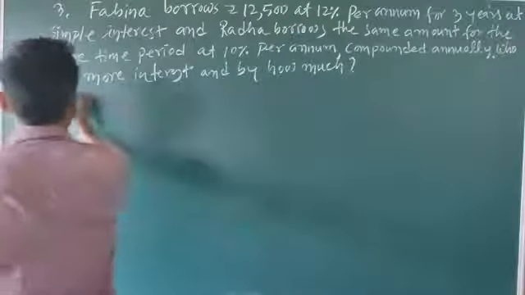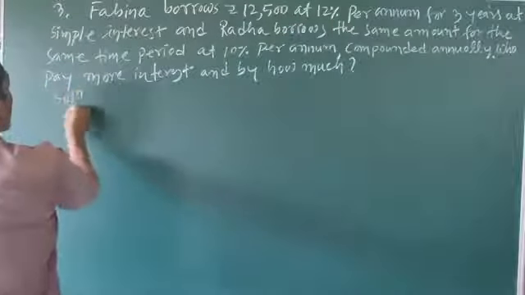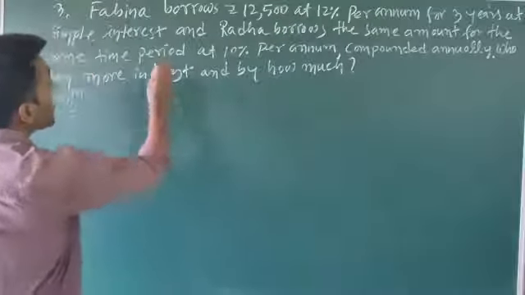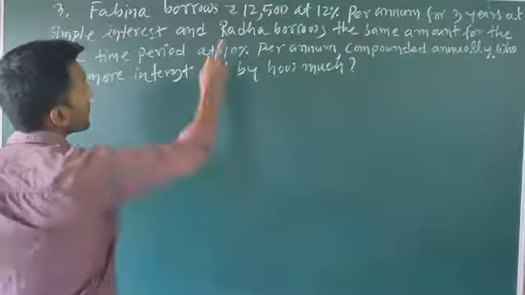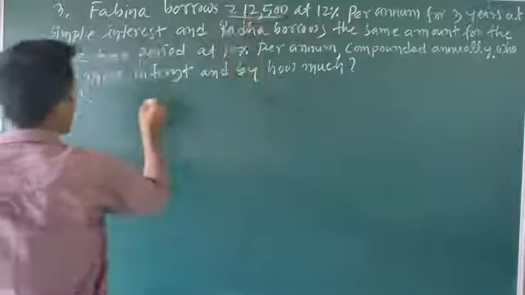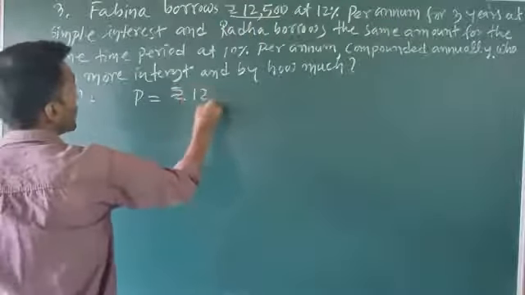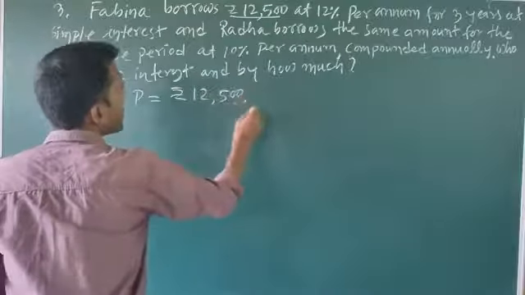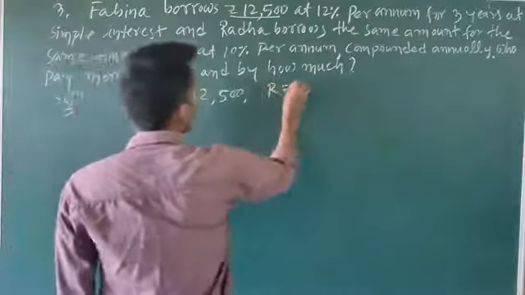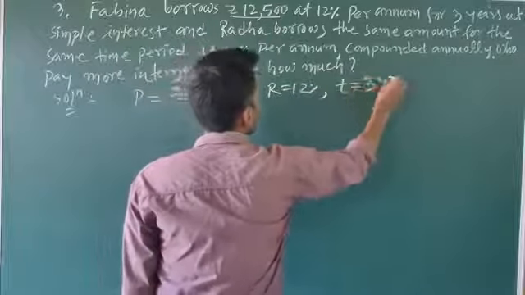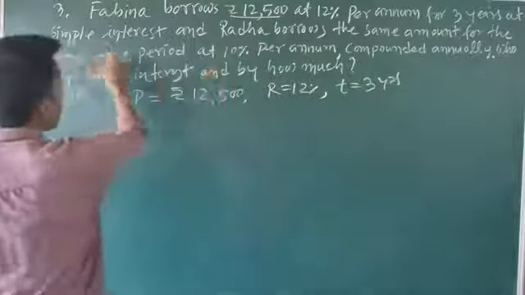So first we'll find how much interest is paid by Pavina. Pavina borrowed how much? 12,500 rupees. So principal amount is rupees 12,500. Rate of interest is 12%. Time given is 3 years at simple interest.